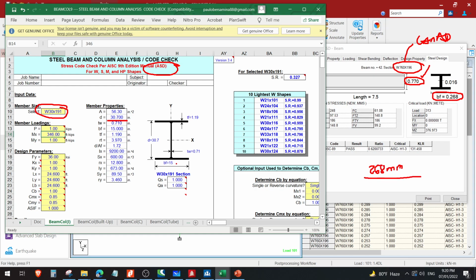Kunin natin sa inches. So I'm getting 10.72 inches. So 10.72 divided by 25.